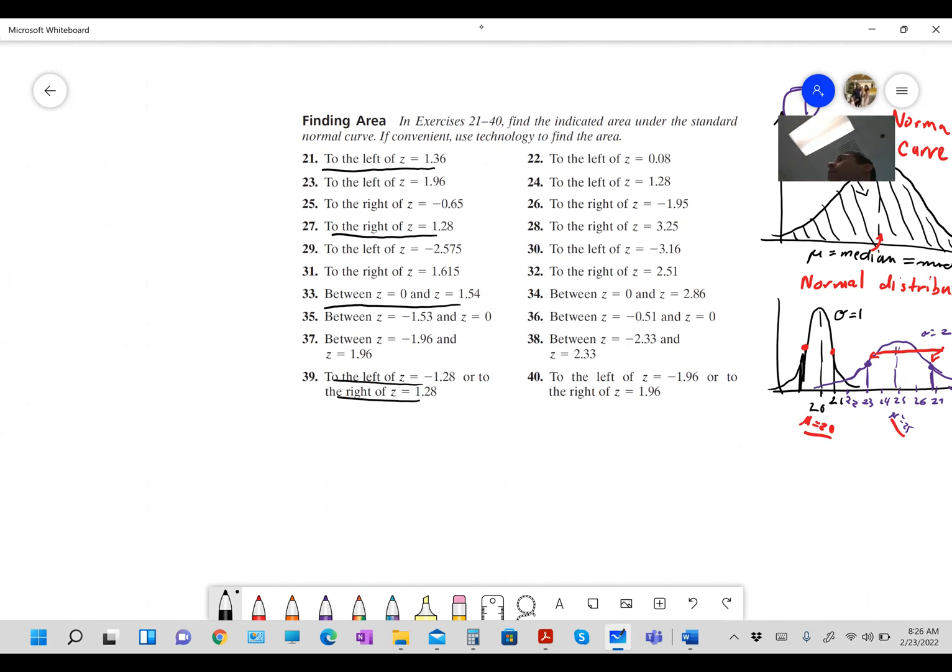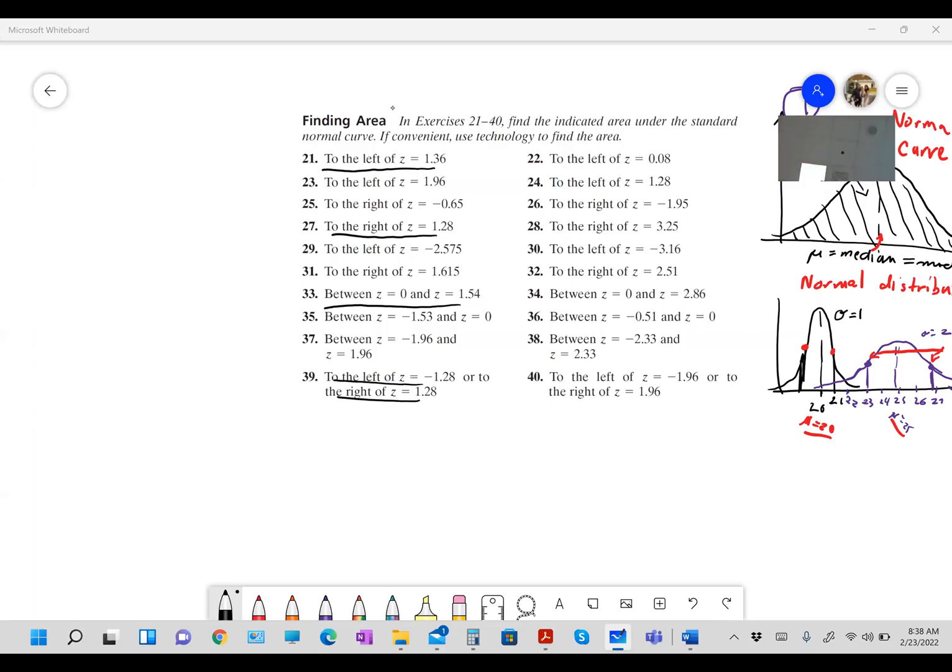Write down the 4 problems I've underlined. Give yourself space, and I'm going to leave the table on the board. Spend the next 10 minutes trying to do them based on what you just saw. So write those problems first: 21, 27, 33, and 39. Try to do them, and then I'm going to do them, and it's going to be recorded. So I'm going to pause this recording right now.